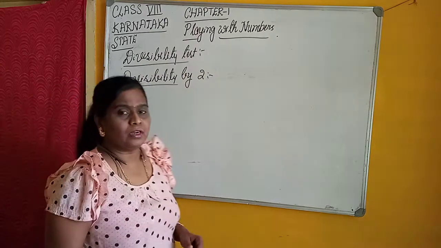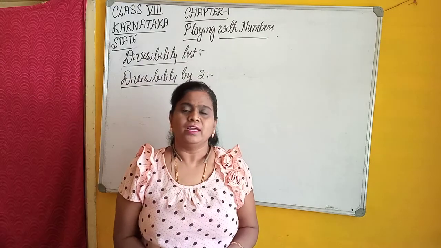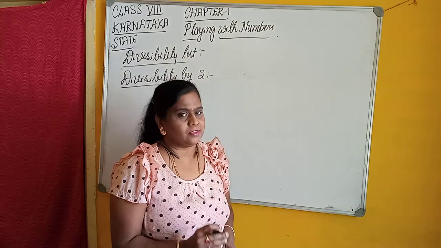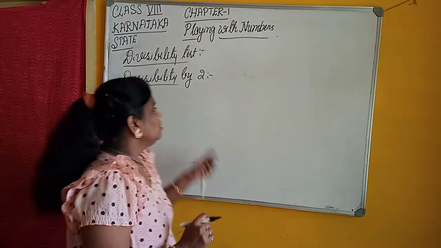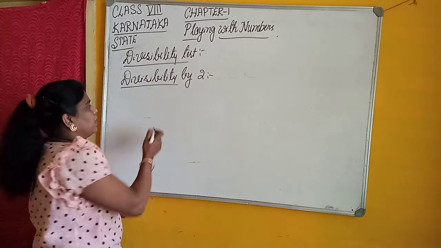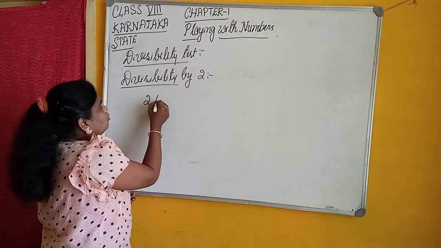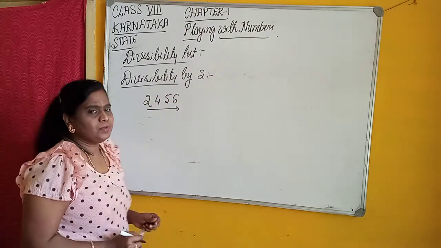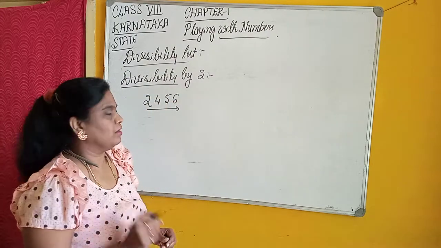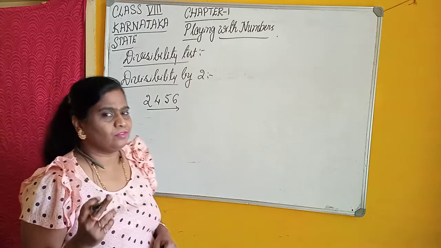Without doing any actual division, we can identify whether the given number is divisible by 2 or not. For example, let us take the number 2456. Is this number divisible by 2 or not? How can we check?